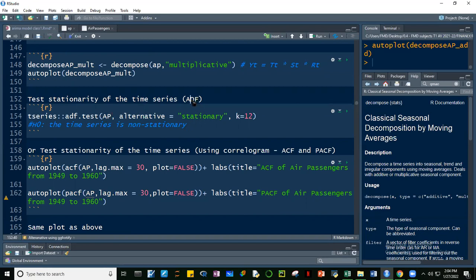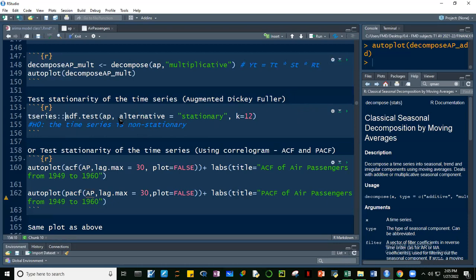We can have this, ang tawag dito, augmented Dickey-Fuller test. Okay? Augmented Dickey-Fuller test. Sorry, dapat AP to, small AP. All right. It comes from the tseries package, adf.test, augmented Dickey-Fuller test.